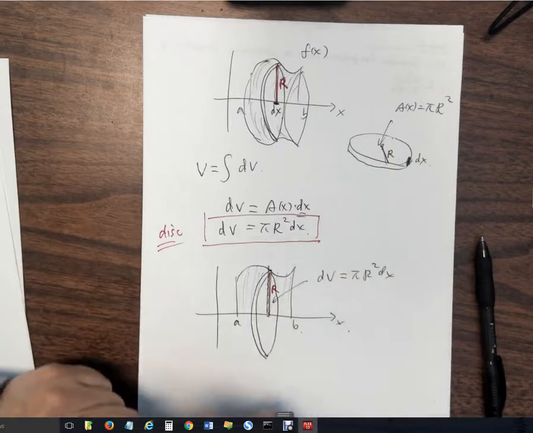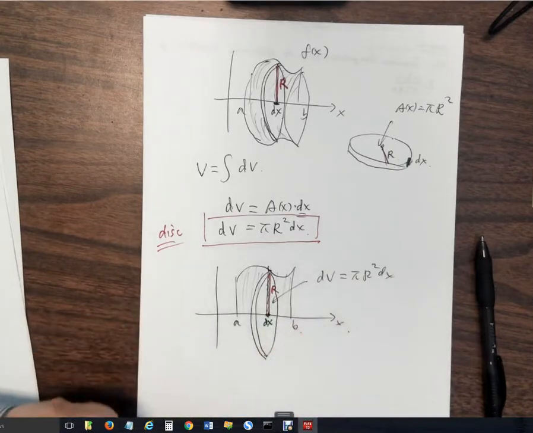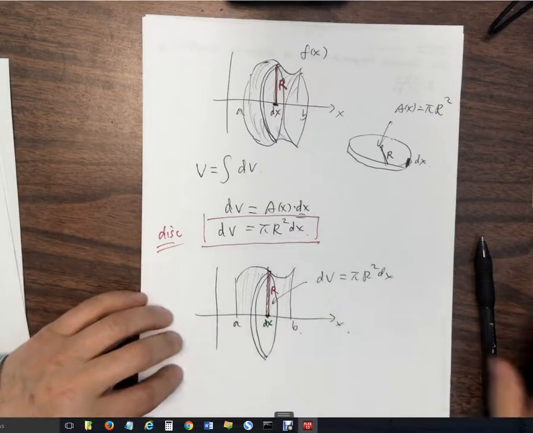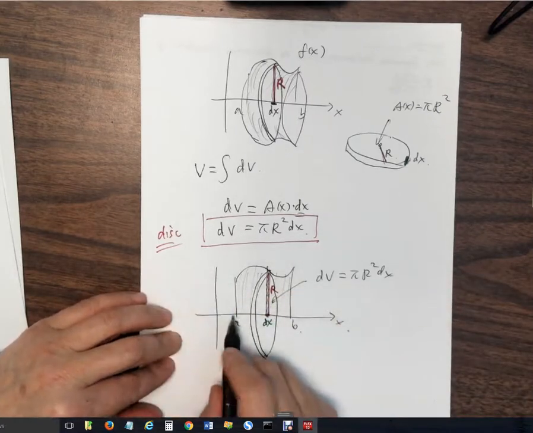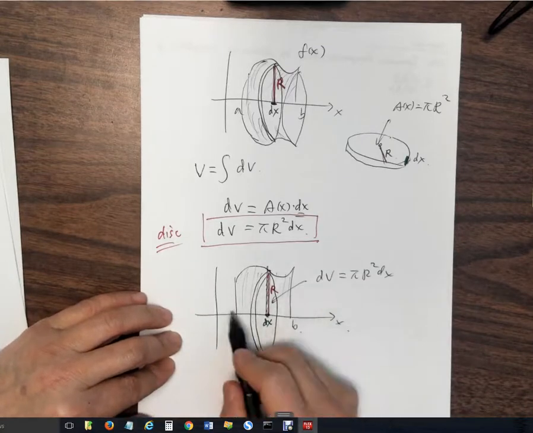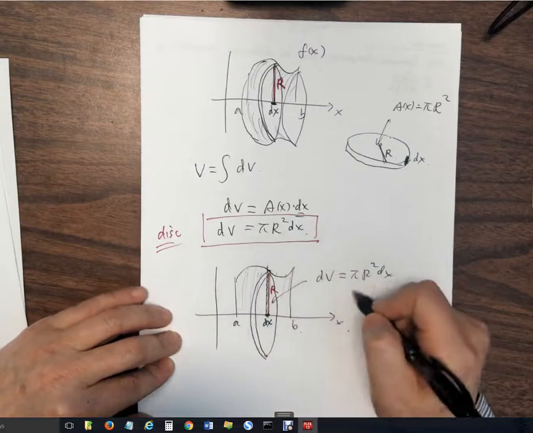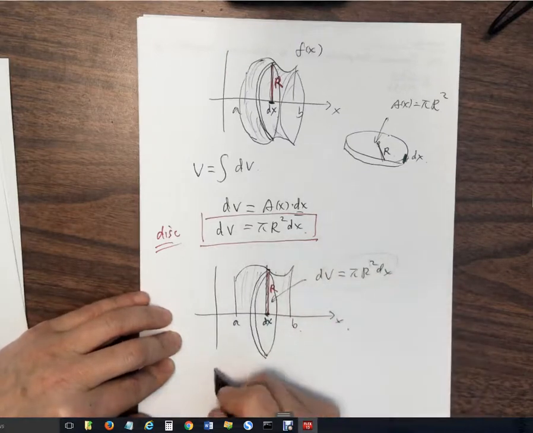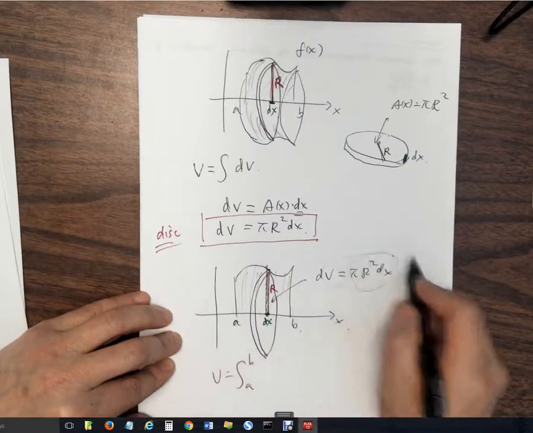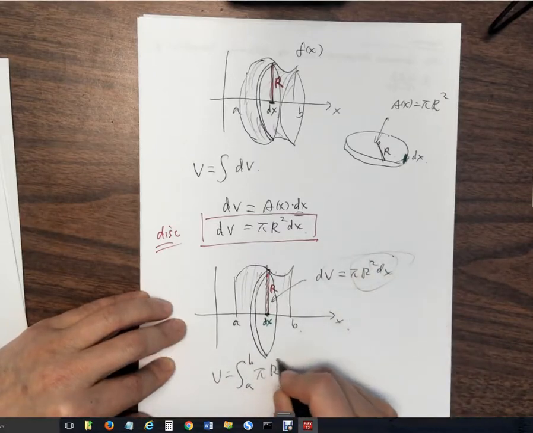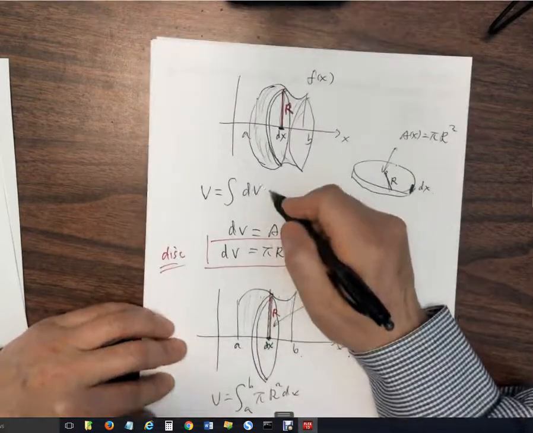And this is again the same thickness dx. Then we add all those disks' volumes up. So we basically just integrate from a to b, add all those things up. Same formula as we would get here.